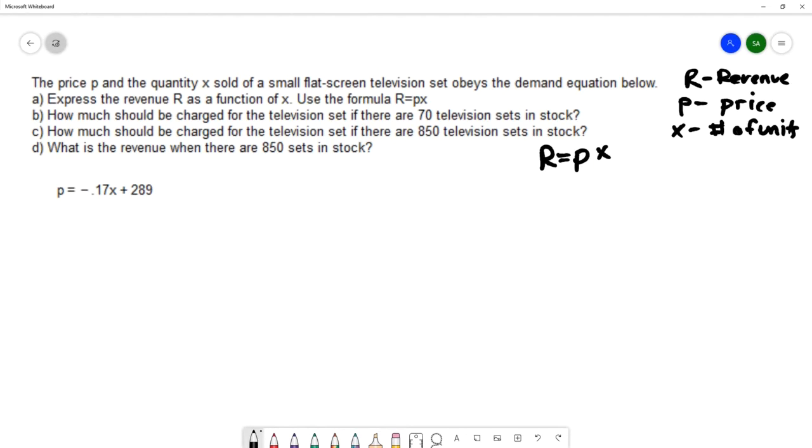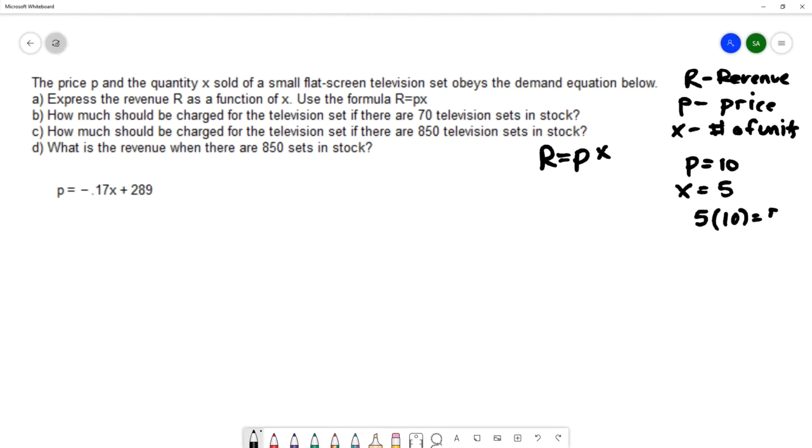So if we think about this for a second, if we are charging, say, $10 for something, and we have 5 of them, if we sell them all, we would get $10 for 5 things that we're selling.